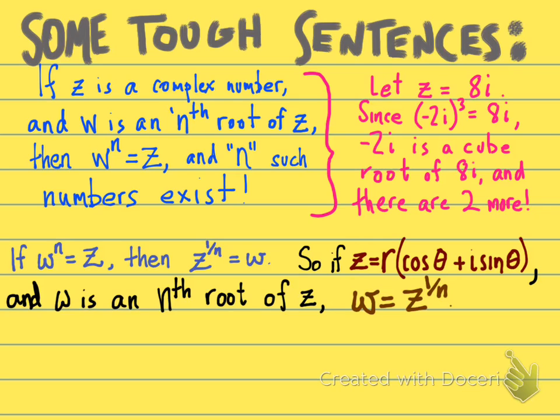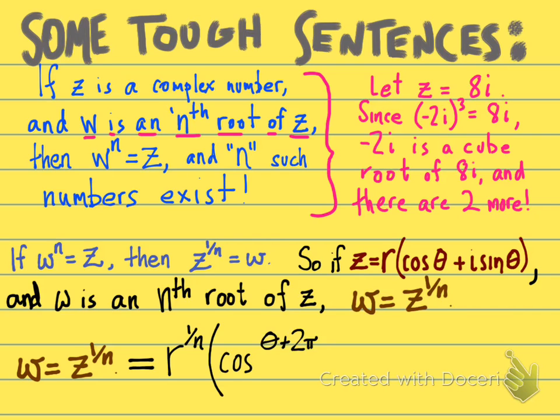I'm building a little chain of logic here, I hope. So yes, w equals z to the 1 over n. w is an nth root of z. That's what we're looking for. So here's how we find it. Here is the formula for finding z to the 1 over n.